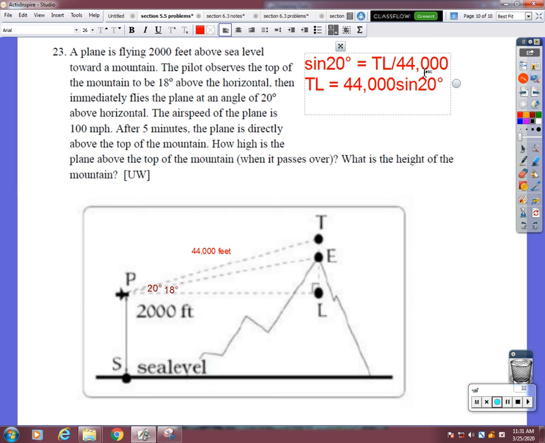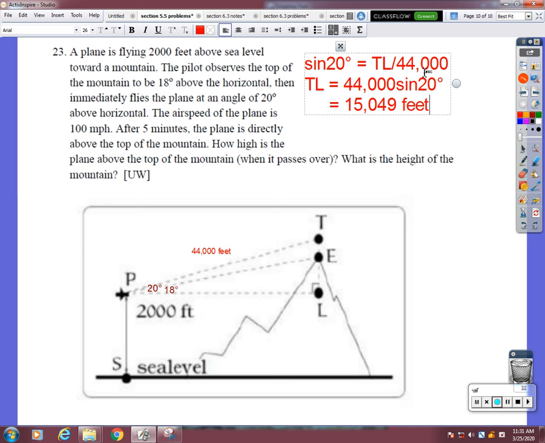That distance TL is equal to 44,000 times the sine of 20 degrees. So I get 15,049. Let's just round that to the nearest whole number.